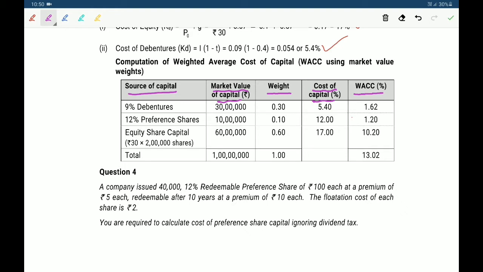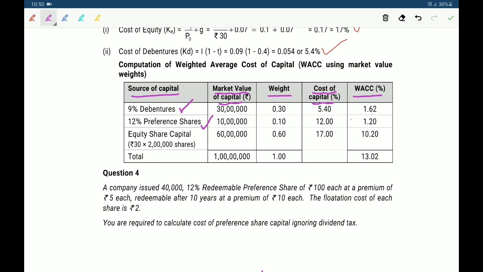The sources are 9% debentures, 12% preference shares, equity share capital. Here it asks for market value. So 30 rupees is the per share market value, 2 lakh shares, 60 lakhs. So also preference shares and debentures. Next, weight. The total is 1 crore.